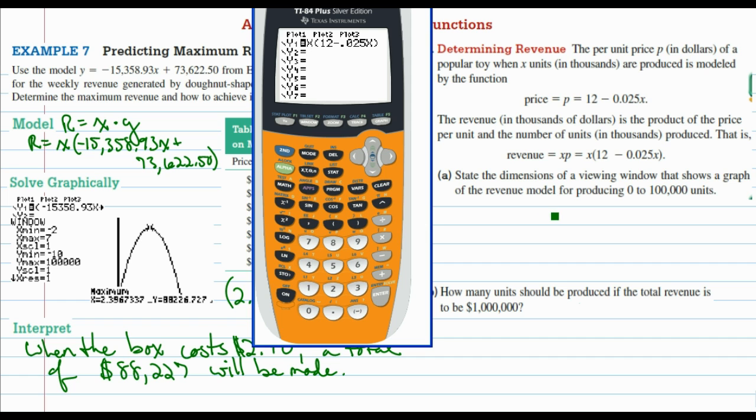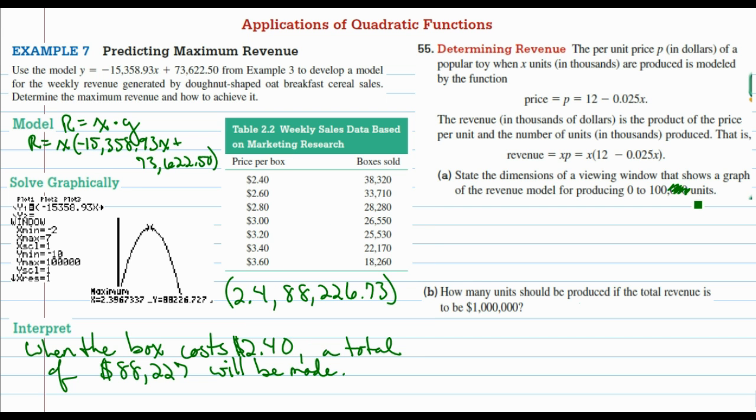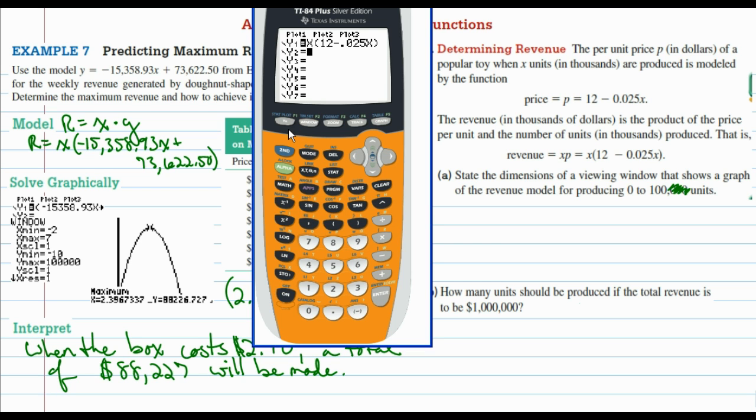I can already tell you that if we want to produce 0 to 100,000 units and x is units in thousands, I'm going to cross off the thousands part, and I'm going to change my x min and x max to represent 0 to 100.